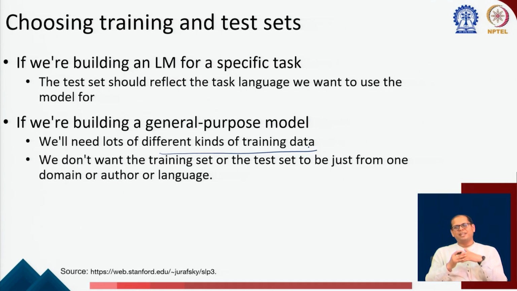You have to have some estimate of what all things this would be required for at test time, what all domains it would need to work for, right? So, you should have data that's a combination of multiple such domains. In general purpose, it should not be just from one domain. There should be sufficient variety, like it should not be only from a single author or even a single language. Ideally, it should be from mixing multiple languages.